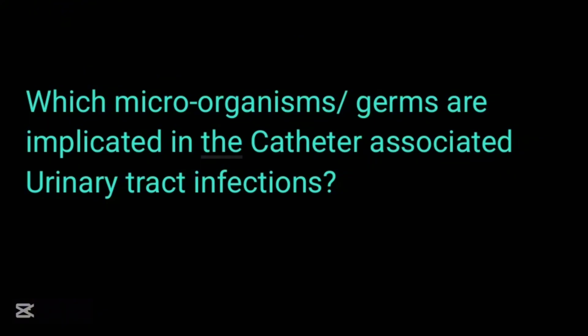We also have Klebsiella pneumoniae, Klebsiella oxytoca, and Pseudomonas aeruginosa. The fungi that are commonly implicated include the Candida species. These are just names that we give to these bacteria and fungi, the germs that cause the catheter-associated urinary tract infections.